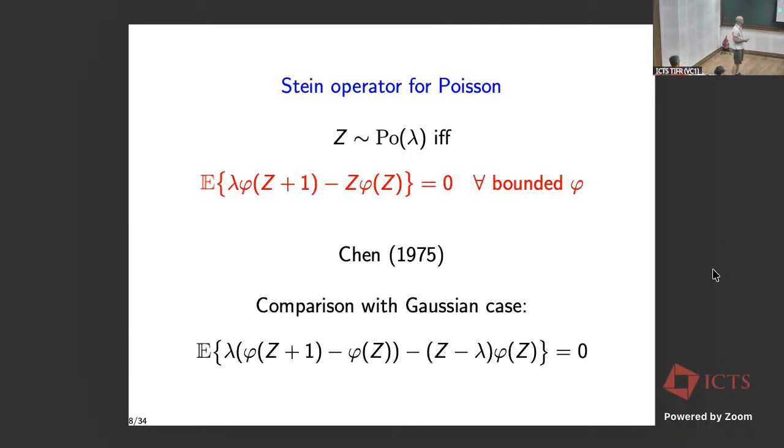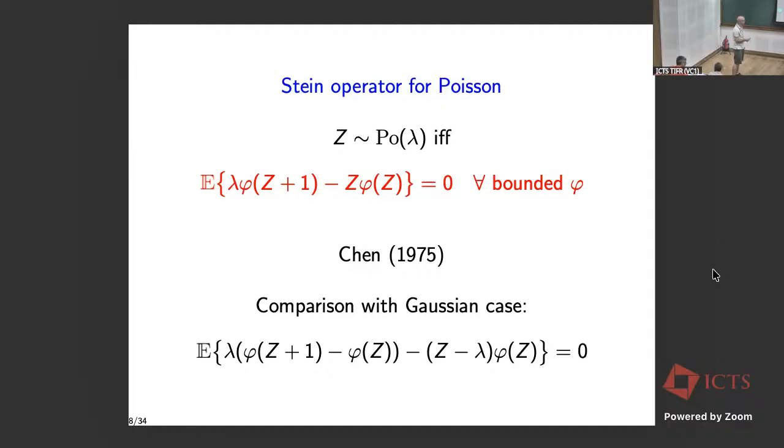If this looks rather peculiar, what you can do is add and subtract lambda phi of Z on both sides. And what you can see here, you can rewrite this as lambda times phi(Z+1) minus phi(Z). So that becomes a difference, or you can think of this as a differential. And here we have (Z minus lambda) phi of Z. So you subtract the mean here, and you can think of this as being the variance.